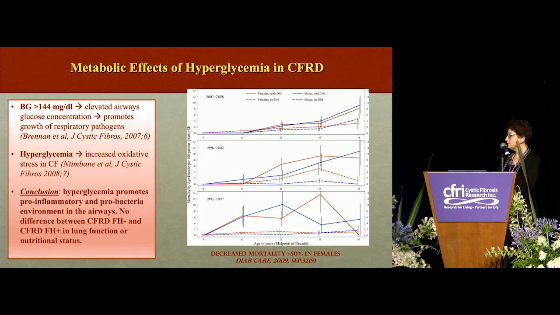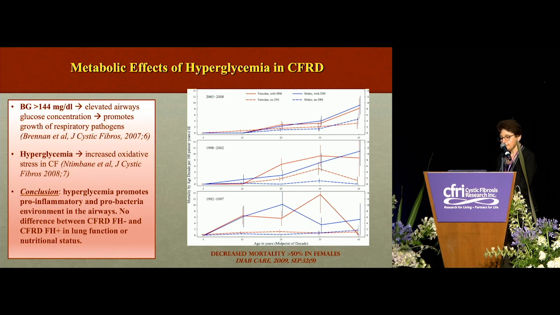Various studies showed that even a blood glucose of over 144 shows elevated blood sugar in the airways and promoted a response of the epithelium with a decrease of the barrier for respiratory pathogens. Hyperglycemia has been shown to increase the risk of oxidative stress, and there are some other studies that I did not mention here.